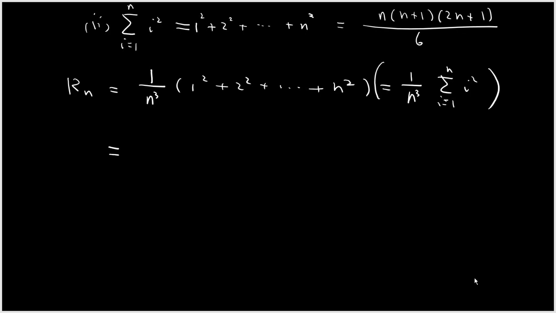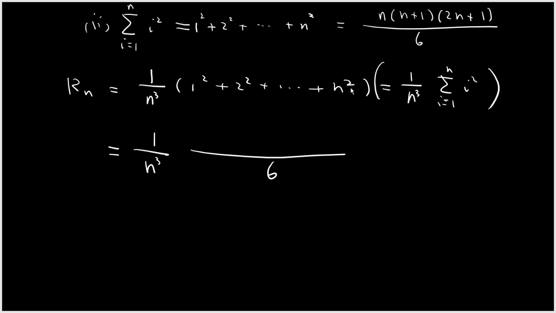Now we apply the formula I just told you in here. It equals 1 over n cubed, and then the sum, the total of 1 squared plus 2 squared up to n squared.